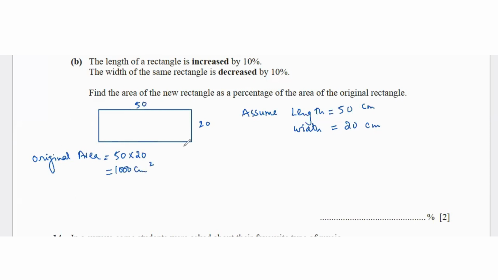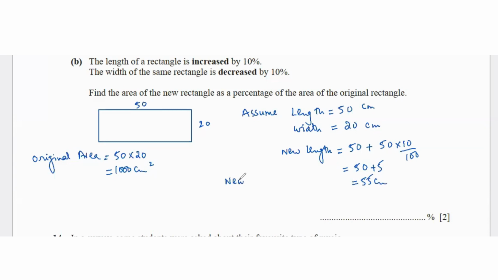Now to find the new length, that's going to be 50 plus 50 times 10 over 100 because it's a 10% increase. That's going to be 50 plus 5, and that's 55 centimeters.